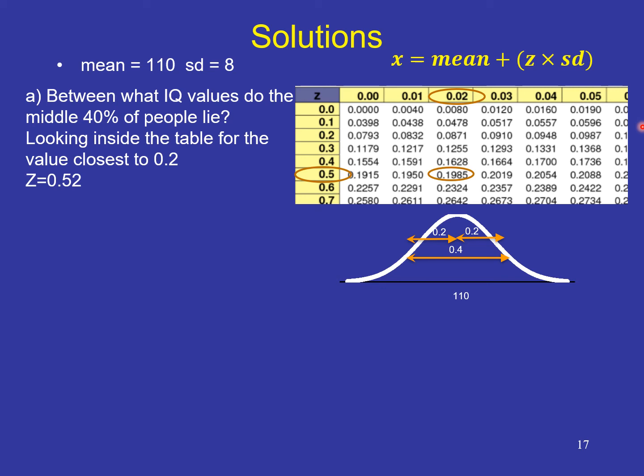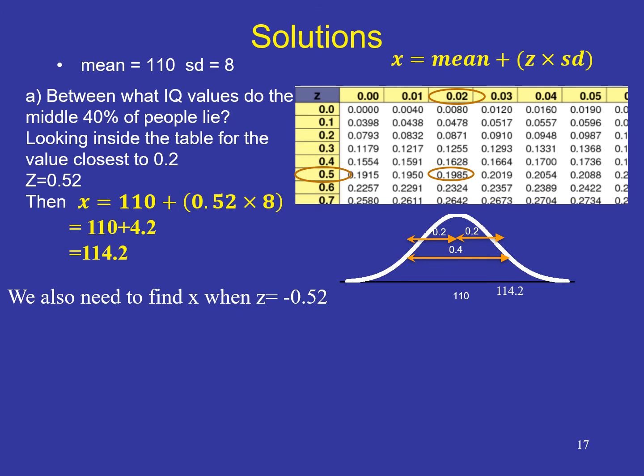We can now use our formula to find our x value, our IQ value. So putting the values into the formula, we end up with 110 plus 4.2, so it gives us 114.2. So we know that this value here is 114.2. In this question, we also need to find this value here. It's symmetrical, so that's easy to find.